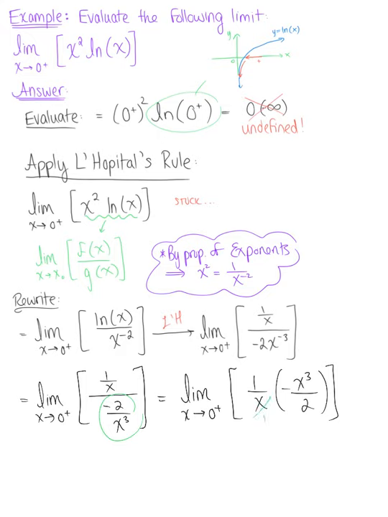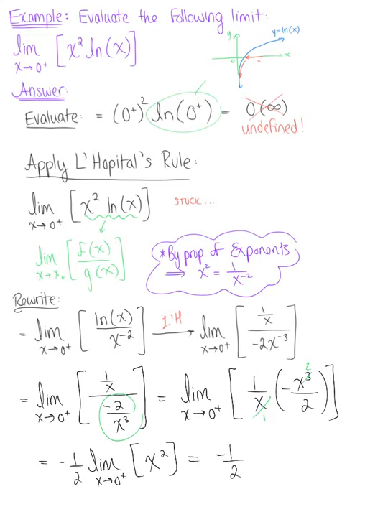So we can cancel one x in the denominator with one of the x's in the numerator. So this is negative 1/2 multiplied by the limit as x approaches 0 from the right of x squared. And now it is safe to evaluate.